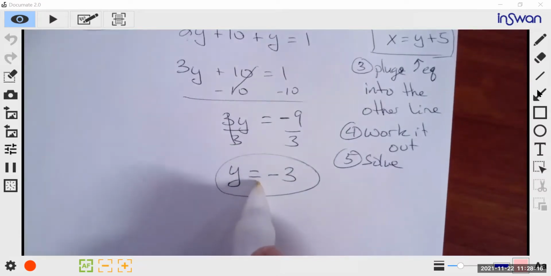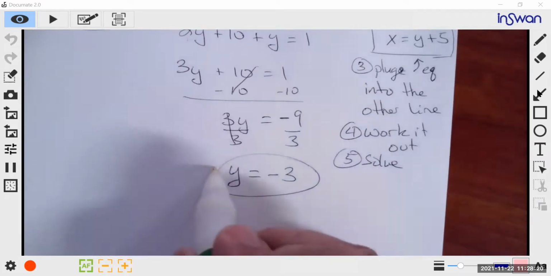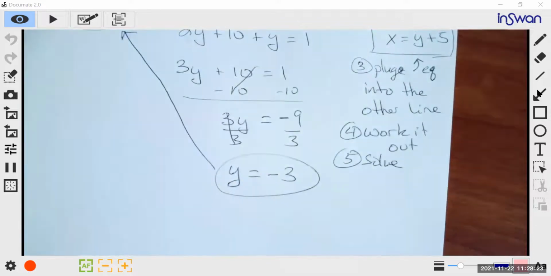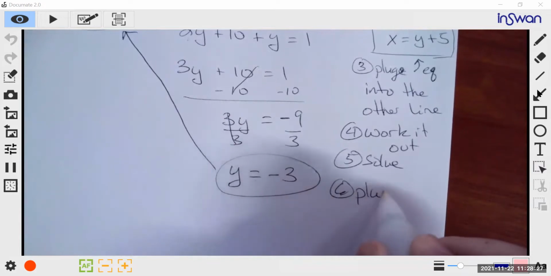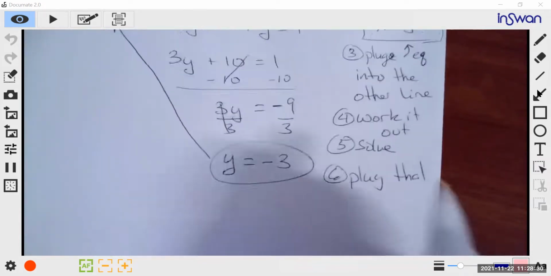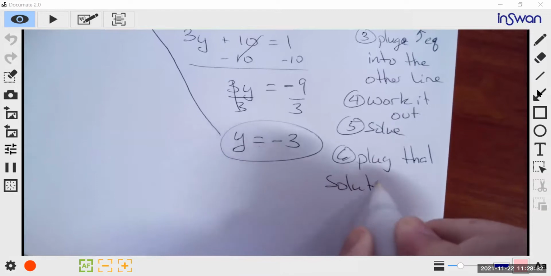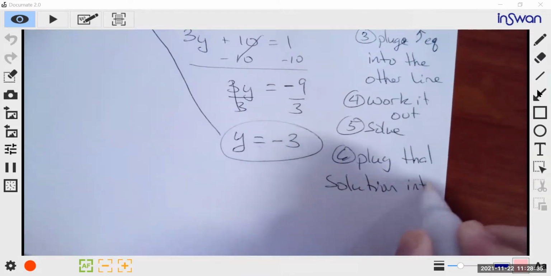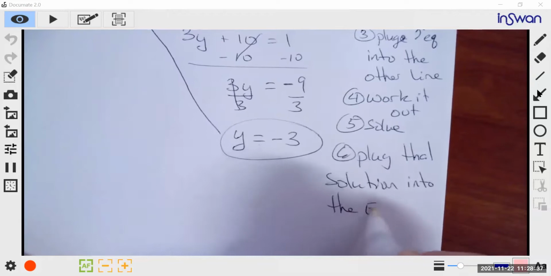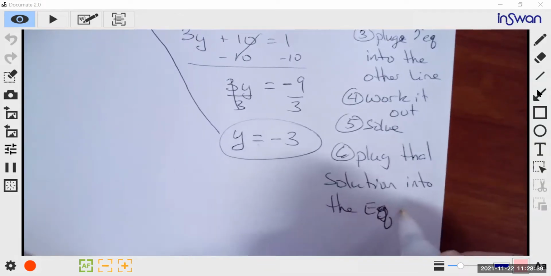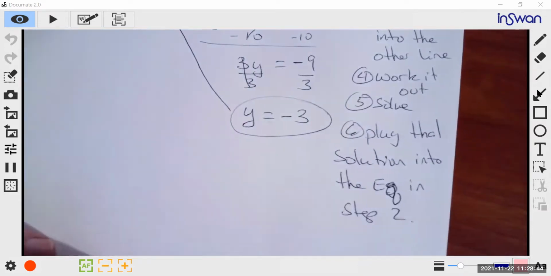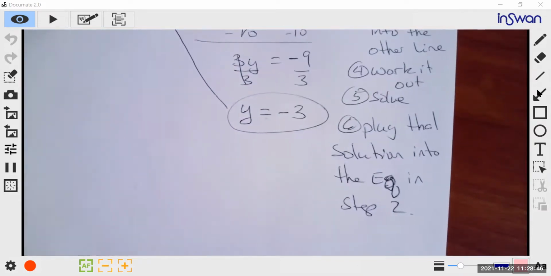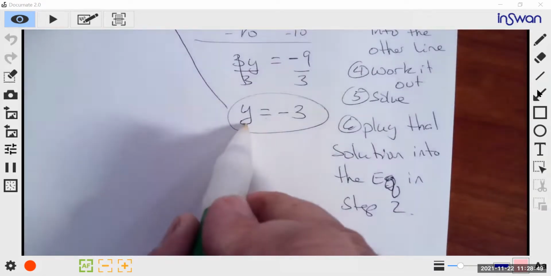So we have the y value. What do we need now? The x value. Well, the x value is right here. Plug that solution into the equation in step 2. Because we have y, we just need x.